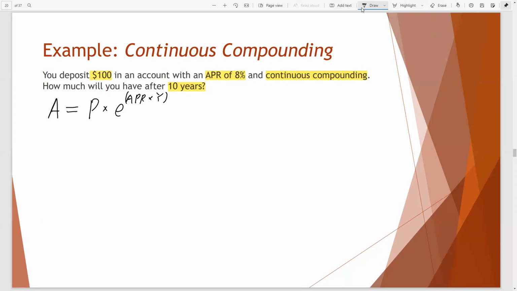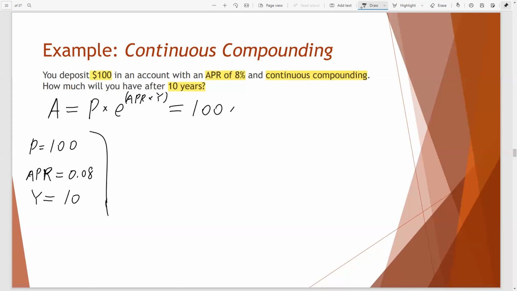So P is $100, the annual percentage rate is 8%, and the term is 10 years. I didn't put in another color, that's a mistake, so I put this one to exclude it.